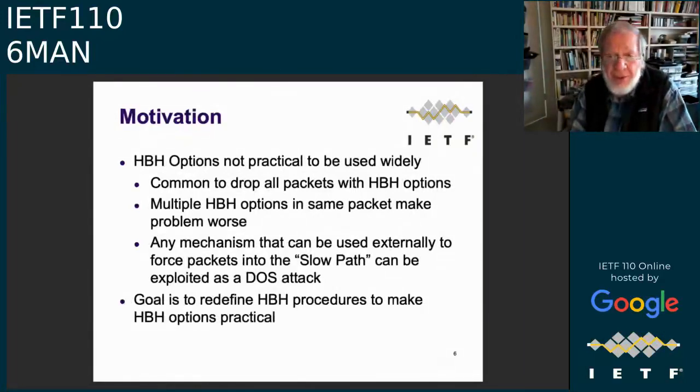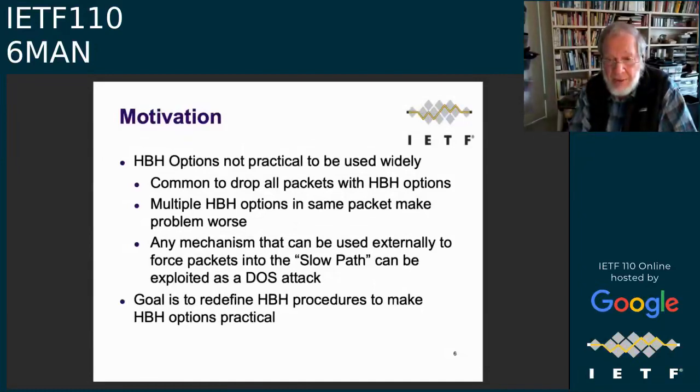And the motivation, again, is that hop-by-hop options are not practical currently to be used widely. It's common to drop packets with hop-by-hop options. I think multiple options make the problem worse. And any mechanism where packets sent externally can slow down a router can be exploited as a denial of service attack.